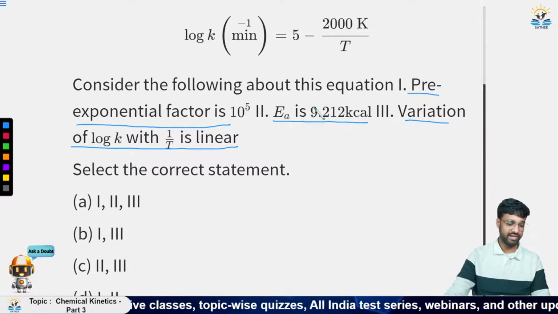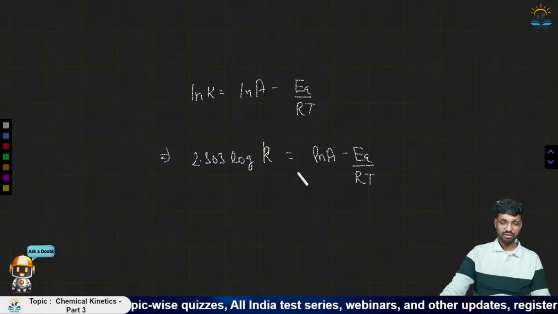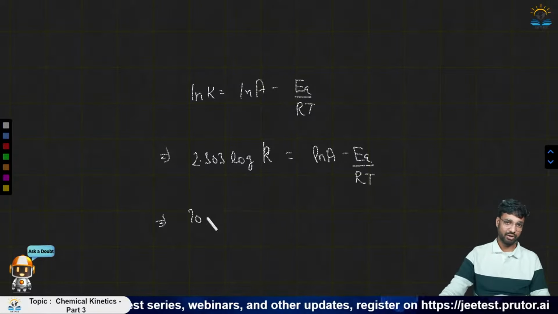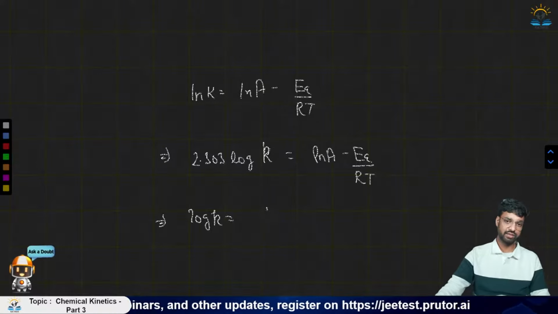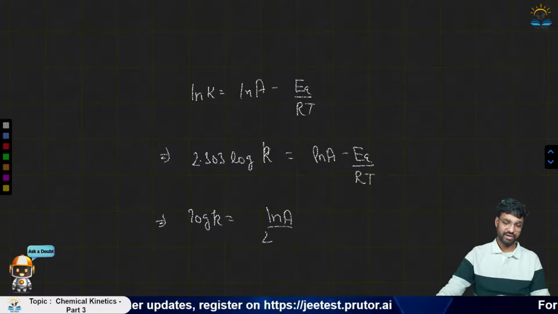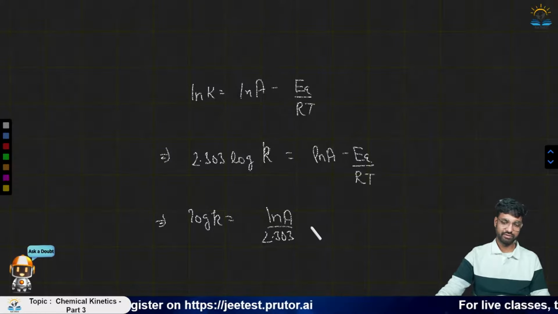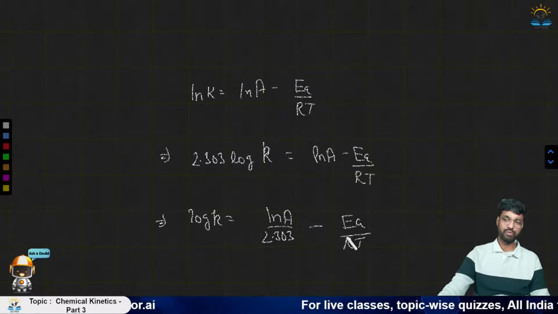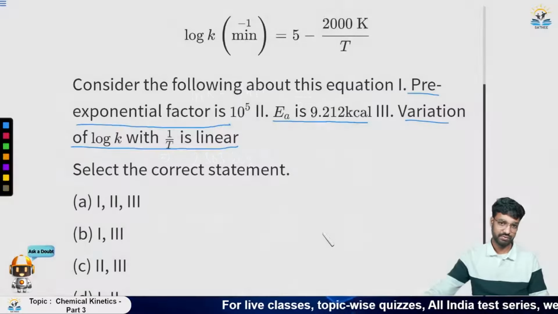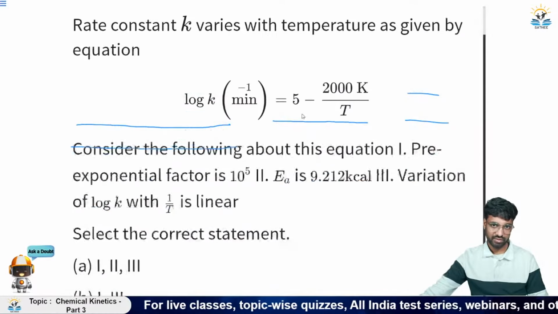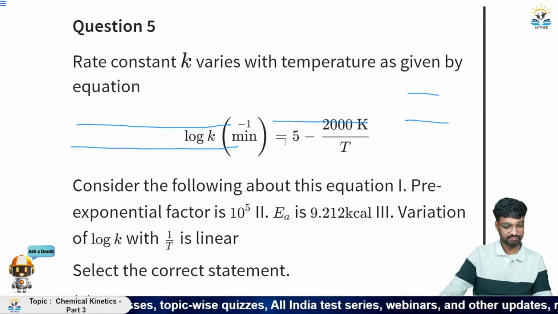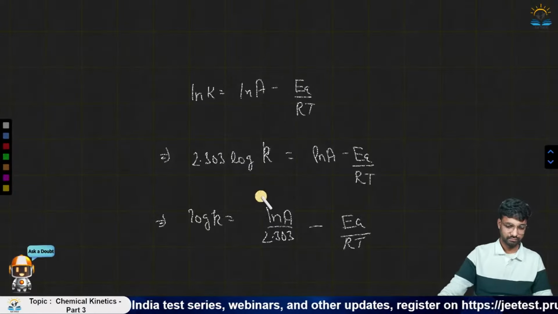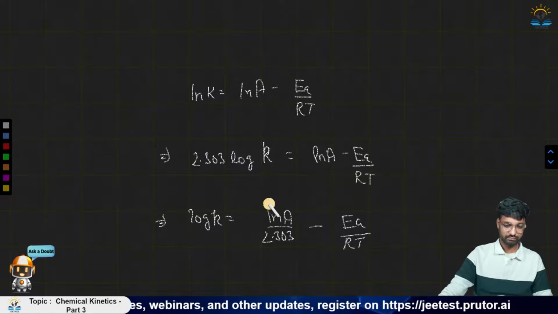So let us find A here. If you see here, you can see very clearly that we have the log K value. So we will further write this equation as ln A by 2.303. Okay, so it should be clear. So do not make the mistake, but it is a very common mistake children do. Okay, now what is the value that is given? It is 5. Yes, this is 5.